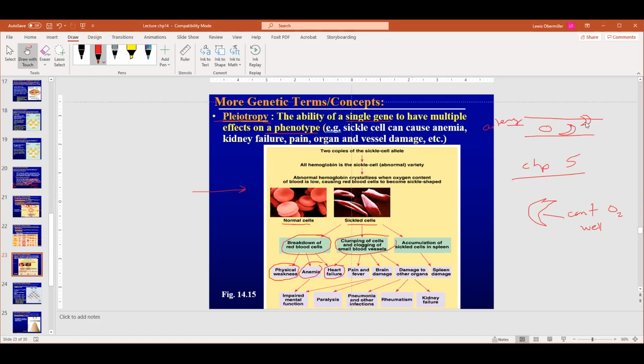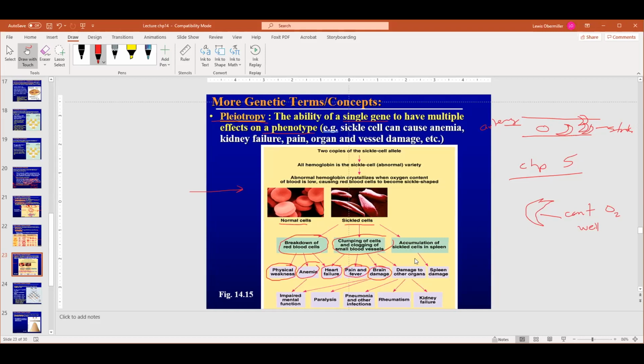And so these could cause pain, because it probably doesn't feel good to have a bunch of things stabbing into your arteries, these sickle cells. It can cause blood clots because these all bunch up together, which could cause you to have a stroke, right? So it could cause brain damage. It could damage your other organs that filter your blood, like your liver and your spleen.